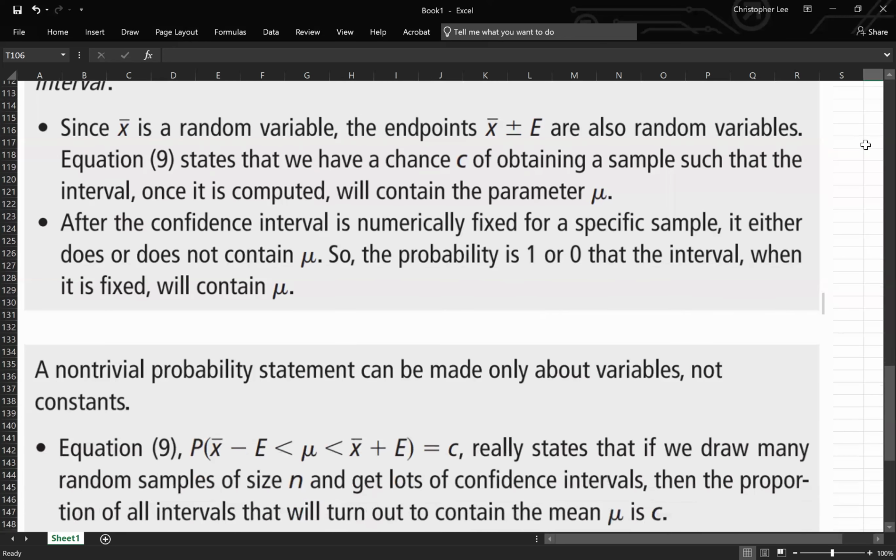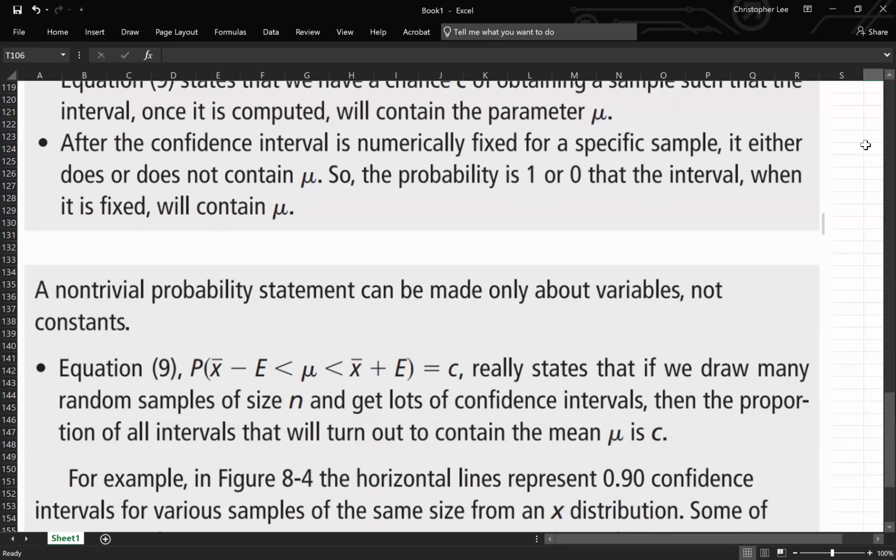So a non-trivial probability statement can be made only about variables, not constants. So the equation, probability of the sample mean minus the margin of error less than the population mean less than the sample mean plus the margin of error equals the critical value, really states that if we draw many random samples of size n and get lots of confidence intervals, then the proportion of all the intervals that will turn out to contain the mean mu is the confidence level, or whatever they give you.